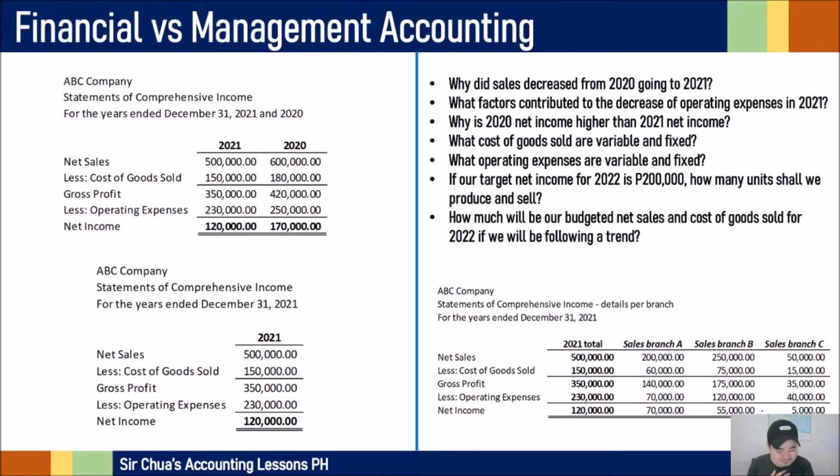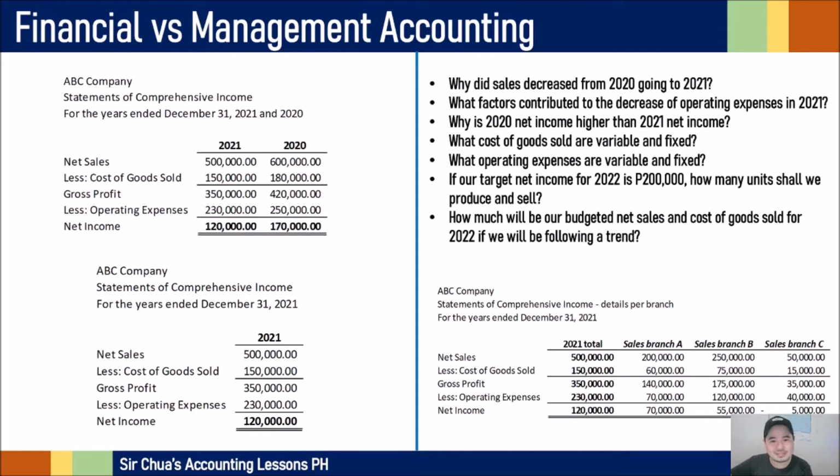So, as aspiring management accountants, I hope that you were able now to really realize the importance of giving the management proper and relevant information because they're really using it for decision making. 'Di ba? Ayan.